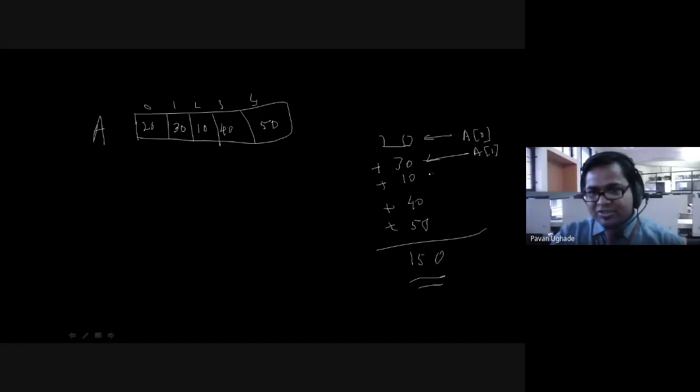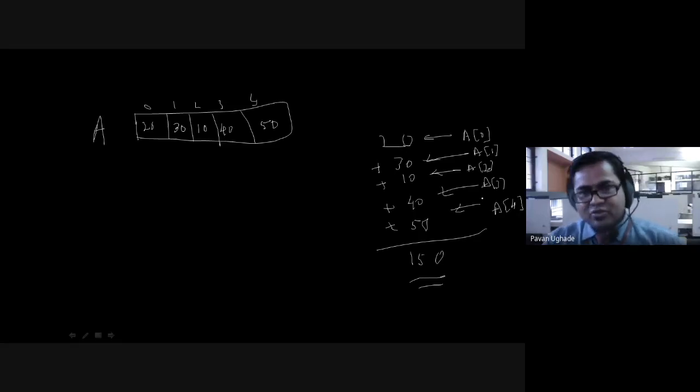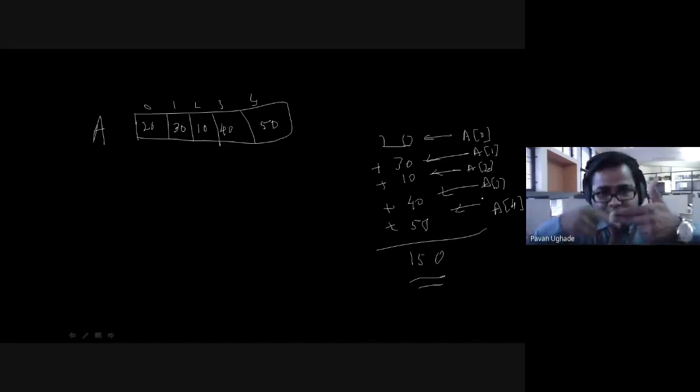Then the summation is added with A of 2 and this is A of 3. Isn't it the repetition of addition of every element? Whenever there is a repetition of any operation, you are already aware that you will be applying a looping statement. Here is a repetition of addition, so you will be applying a looping statement.